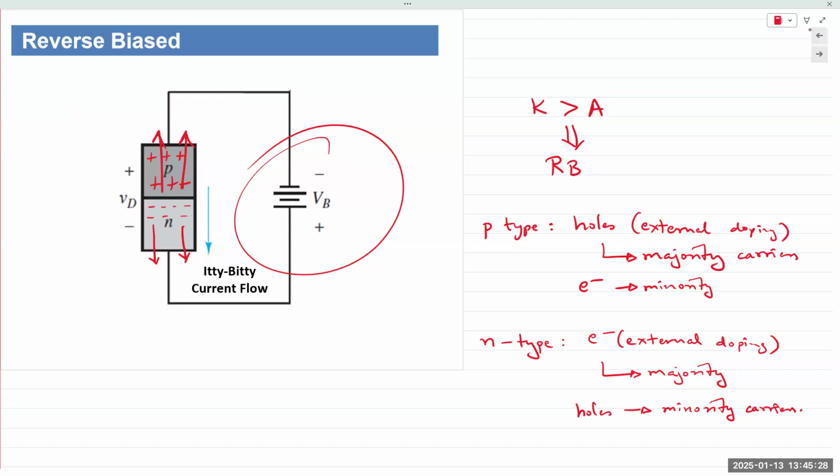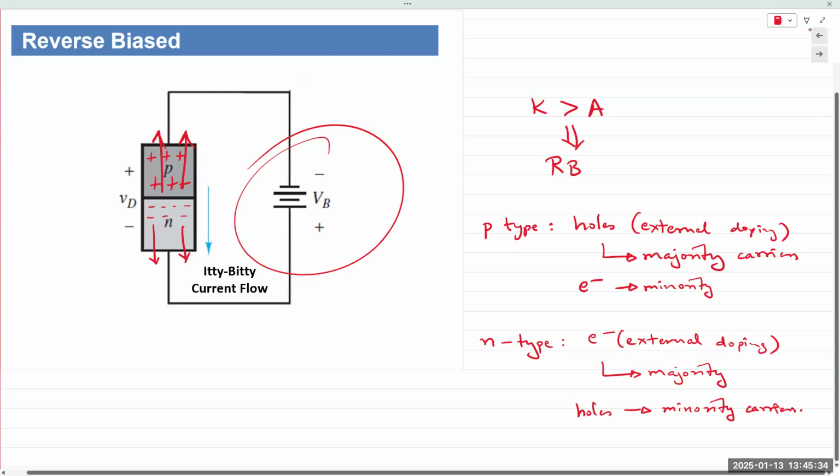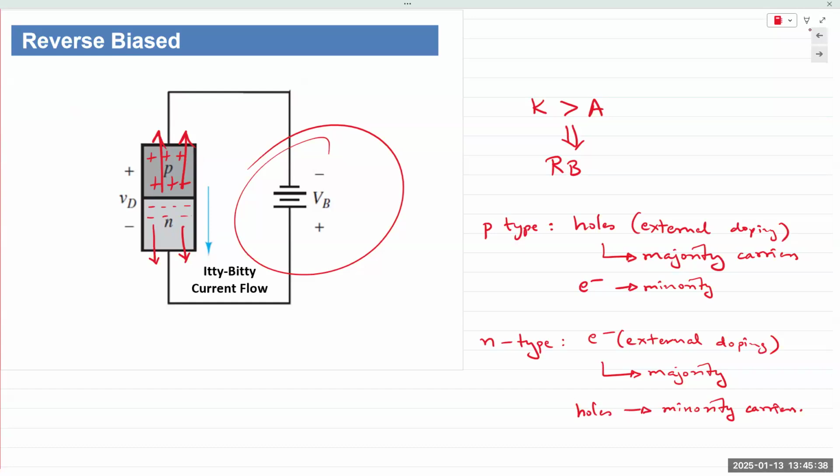The only current flow that takes place is due to the intrinsic minority charge carriers. So in a p-type material, you have electrons that are the minority charge carriers. In an n-type material, it is the holes. Those are still going to cross over the junction.